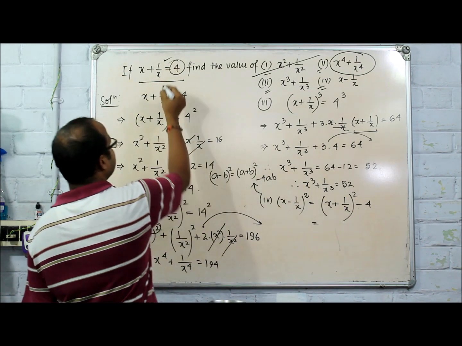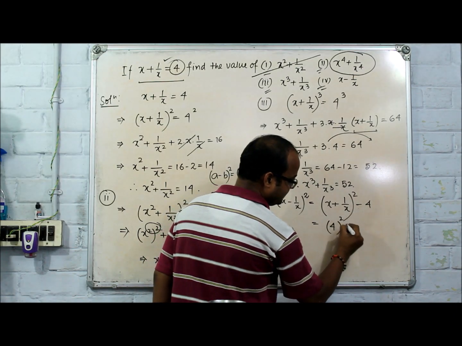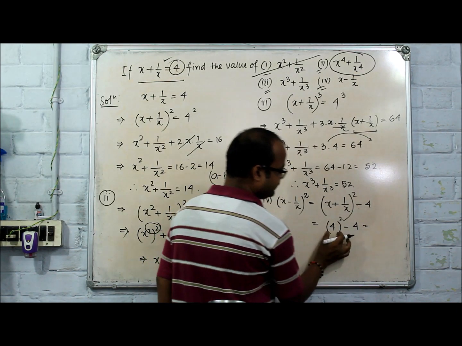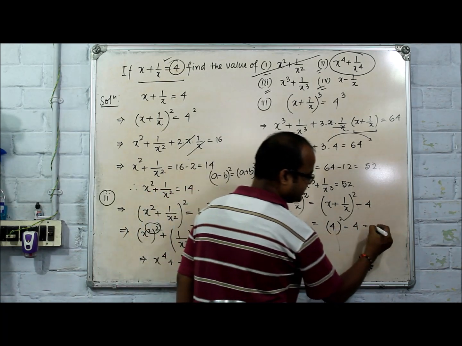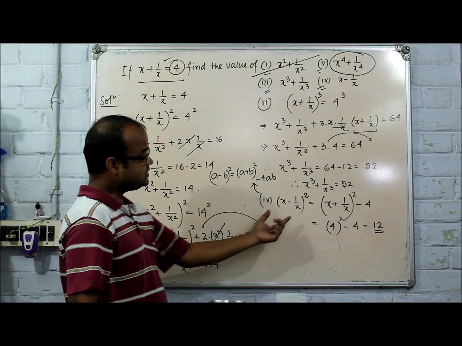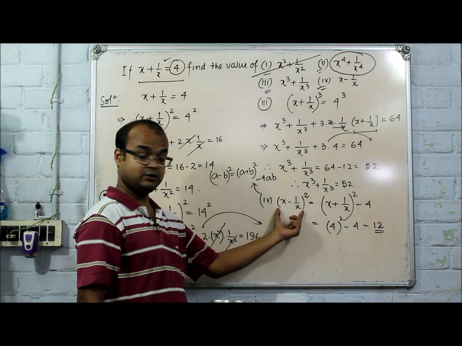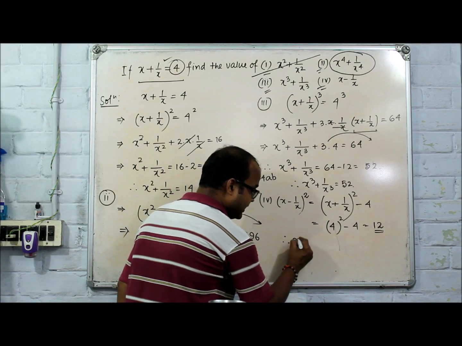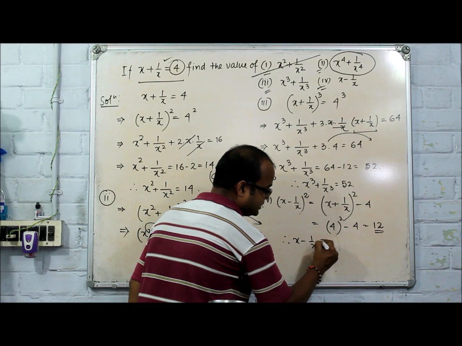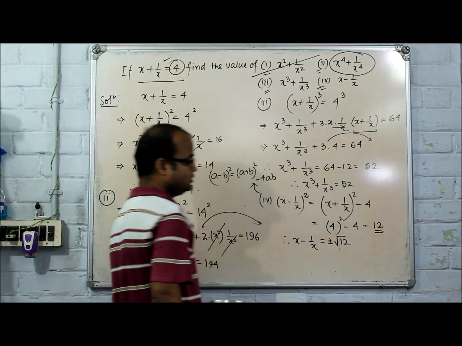Now x plus 1 by x is equal to 4. So 4 square minus 4, that is 4 square means 16, 16 minus 4 is equal to 12. Clear? So 12 is the value of the square of x minus 1 by x. Therefore x minus 1 by x is equal to plus minus square root of 12.